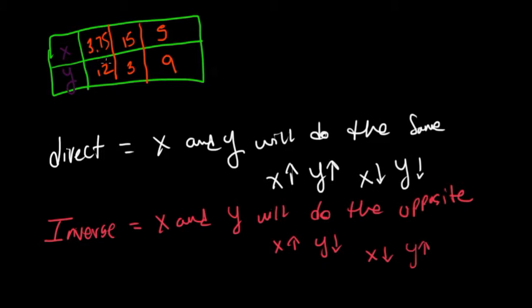So these are doing the opposite. Now it goes from 15 to 5, that's a decrease, but it goes from 3 to 9, that's an increase. So they're doing the opposite. So this would be my inverse variation.